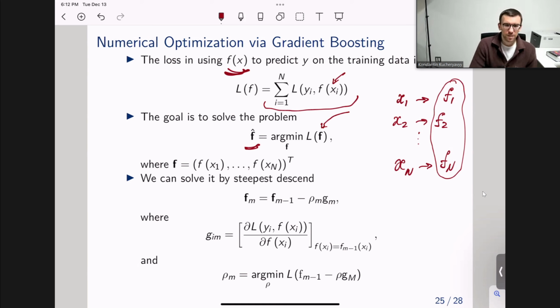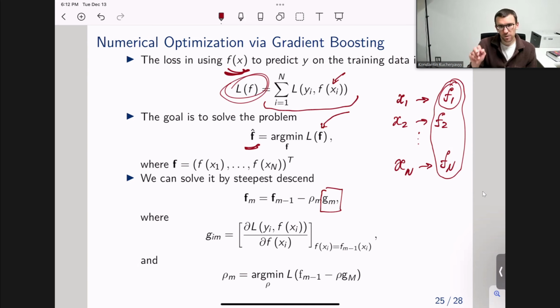Now, we can choose this vector of values by the steepest descent, by calculating the derivative of this loss function with respect to each of these f1, f2, fn. And then that would give us the so-called steepest descent direction.